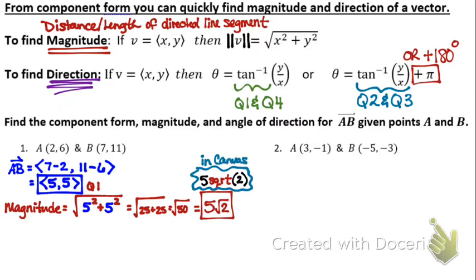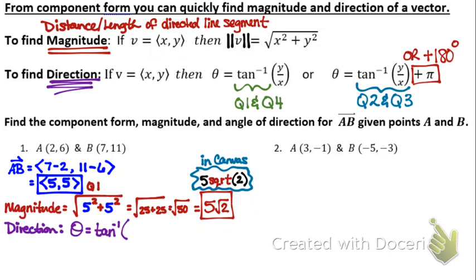All right, so we have our component form, we have our magnitude. What do we still need? Yeah, we need our direction. And what do I use to find direction? Inverse tangent. So theta is equal to the inverse tangent of y over x.